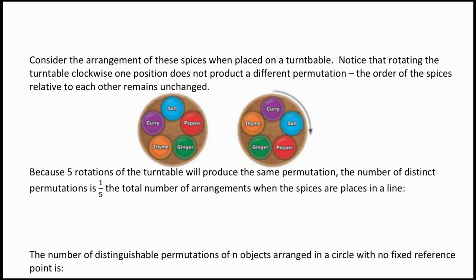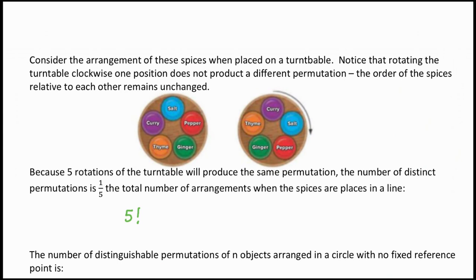If I have a little turntable with all my spices on it, and I twist it, did the order of those spices change? No. There are 5 ways to rotate it, but the order still doesn't change when it's circular. Normally we would have 5 factorial options, because we have 5 spices and 5 different ways they could be arranged.